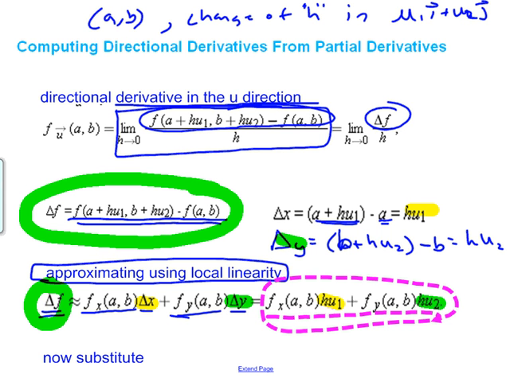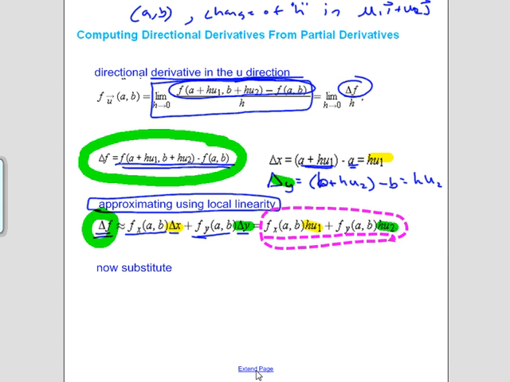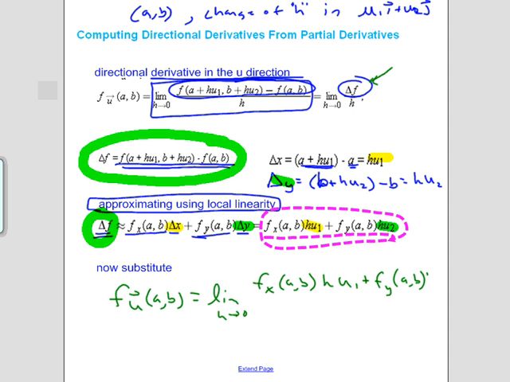Now let's do some substitution and see what we get. Substituting above, the directional derivative in the u direction at the point a, b equals the limit as h approaches 0 of my change in f, which is the partial derivative with respect to x at ab times h u1, plus the partial derivative with respect to y at ab times h u2, all over h.